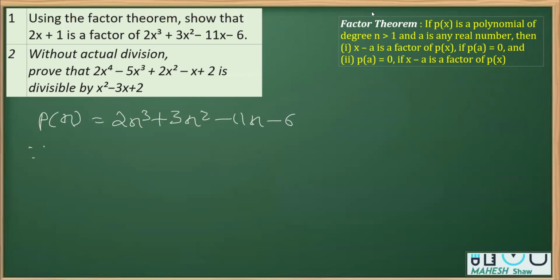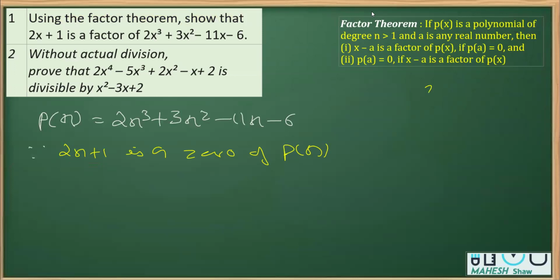Now, it is already given to us that 2x plus 1 is a factor, so its zero is a zero of p(x).